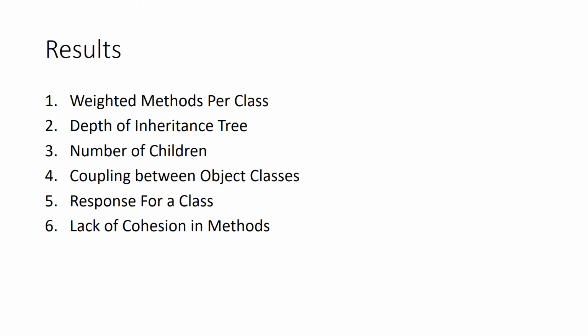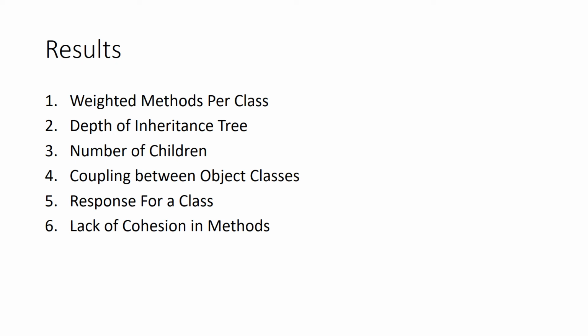The third one, number of children. Number of children indicates how many subclasses are going to inherit the methods of the parent classes. Coupling between object class. It is the measure of the number of classes with which a specific class interacts by accessing them through variables or methods.